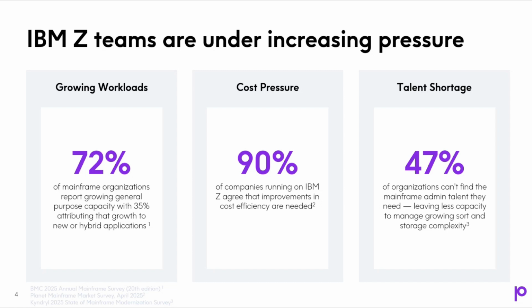This is leaving less capacity to manage growing sort and storage complexity. So we've got more work to do, fewer people, and more pressure on cost, which basically means that inefficiencies that were manageable before are starting to become real problems now.